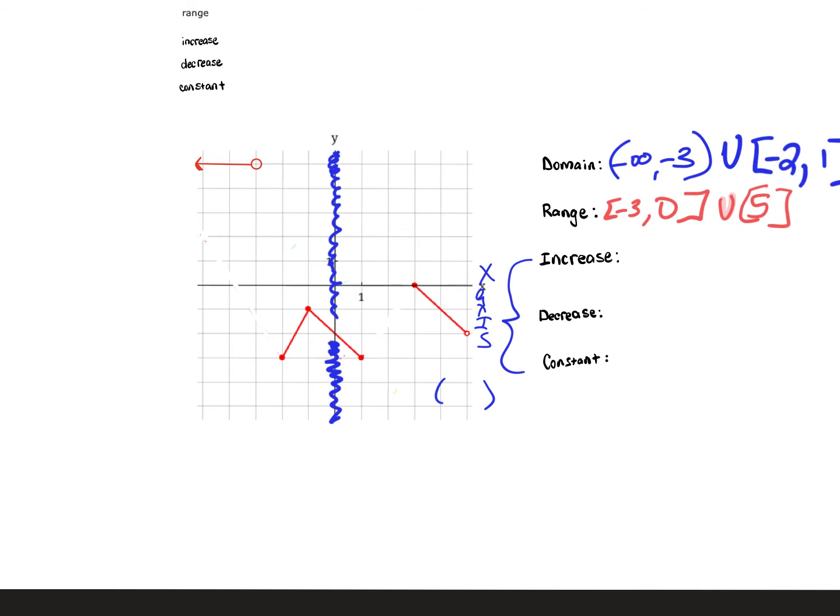So remember, over here is negative infinity, and over here is positive infinity, yes? So my interval of what? Where should I start? Okay, what's my constant? To negative infinity to where? Where does it stop being constant? Negative 3. Questions on that?